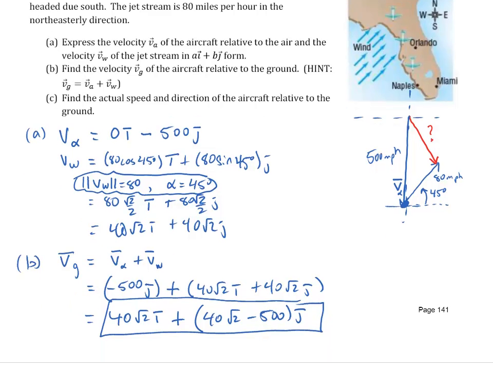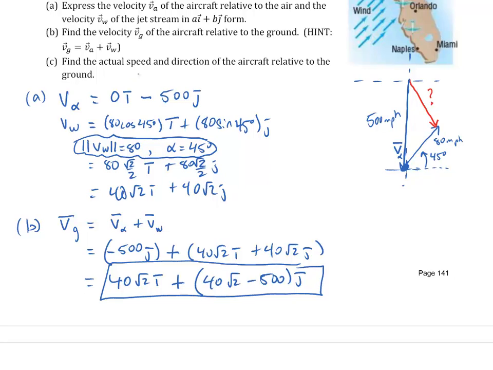Last of all, we're asked to find the actual speed. Remember, speed would be the magnitude of this vector. So then we're going to take, in part C, we're going to squeeze this in here between these two lines.